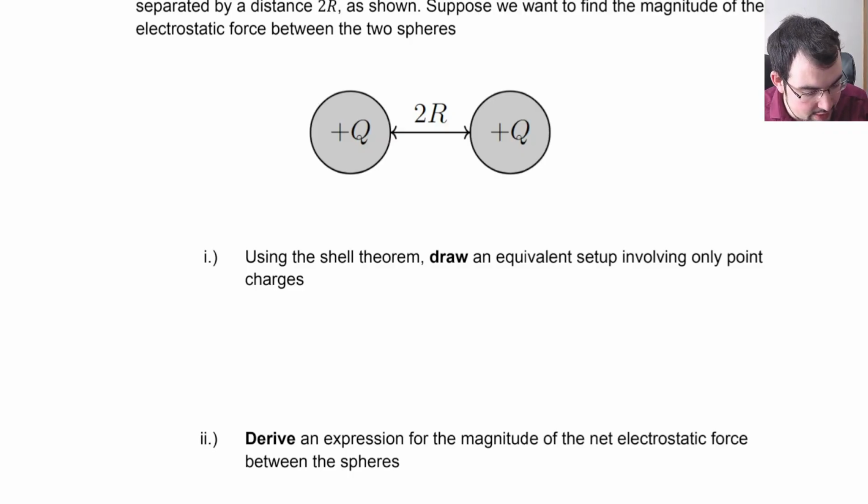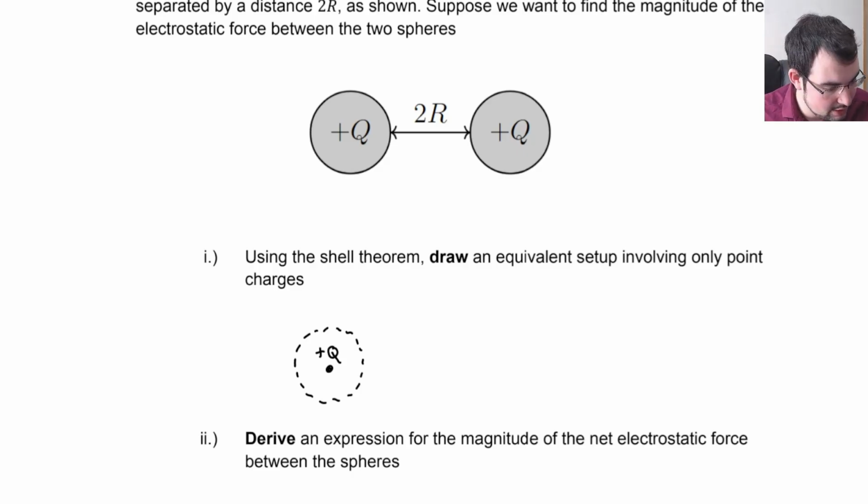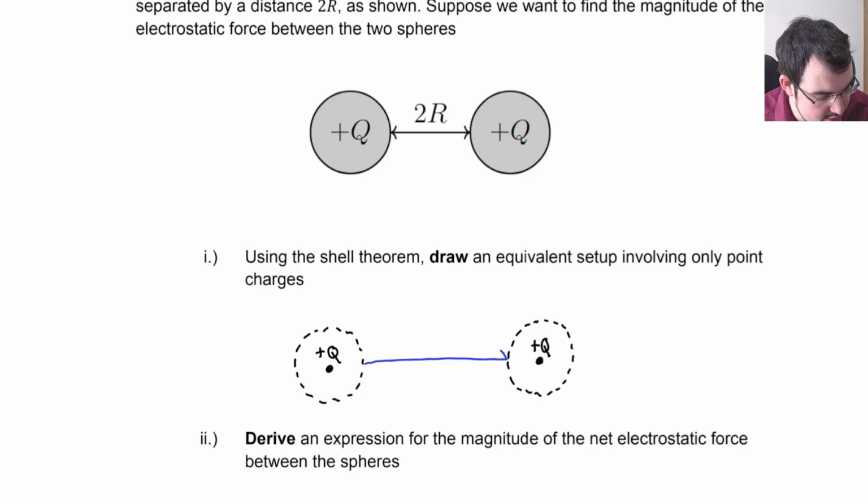So this says that we can shrink down the first sphere and say it is just a dot with plus Q at its center. We can also shrink down the second sphere into a dot plus Q at its center. And we knew beforehand that the surfaces were separated by 2r. But that's not going to be our charge separation, right?